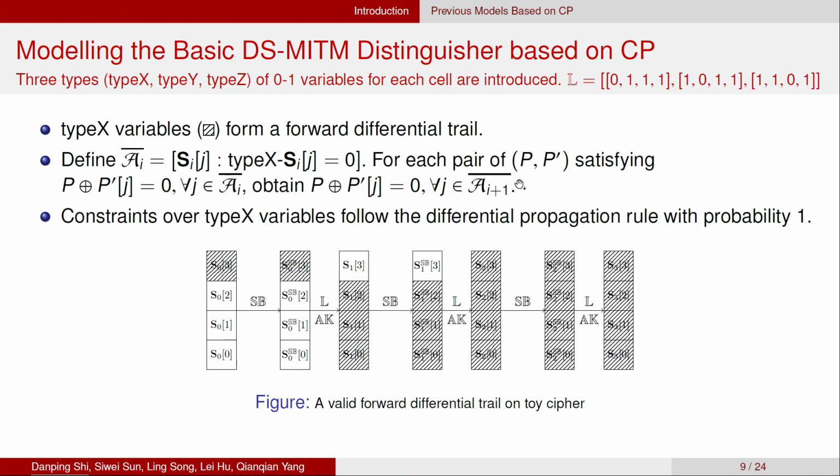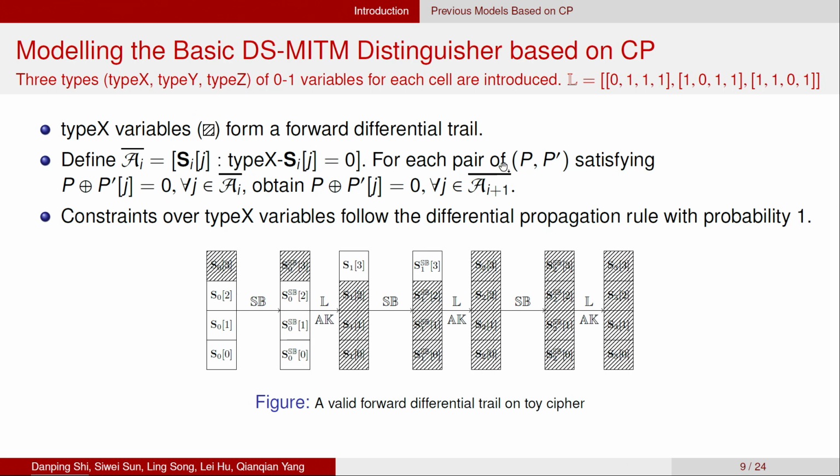As our framework is developed from the CP-based approach for the basic attack, I will describe this CP-based approach. 3 types of variables are introduced for the basic attack. Type X forms a forward differential tree.